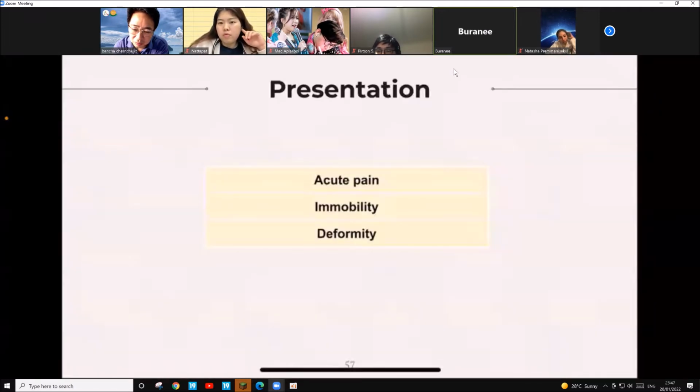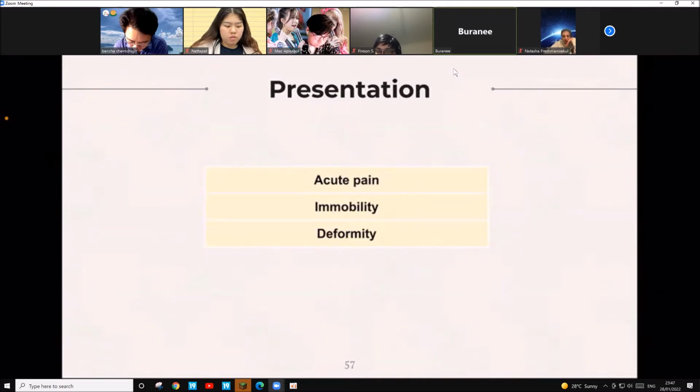Next, I'll be talking about the presentation. It's slightly minimal, but severe pain is the most common symptom. With the separation of the femoral head from the acetabulum, the surrounding muscles and tendons could be damaged as well, which could also cause knee injury.